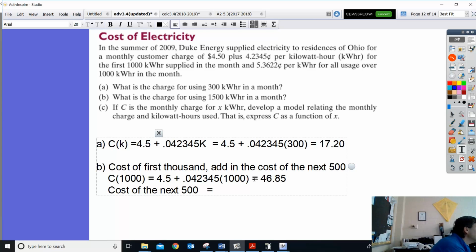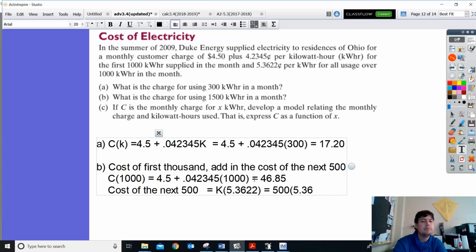After that 1,000 kilowatts, what's the next 500 cost you? It's the number of kilowatts times what? 5.3622. So that'd be 500 times that.